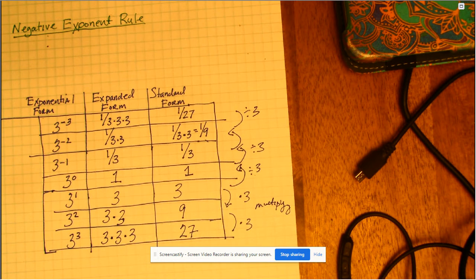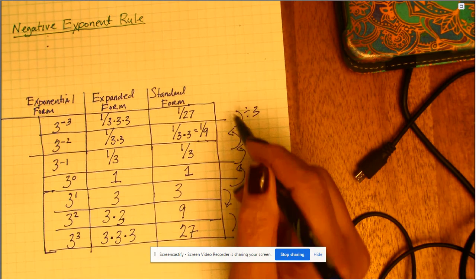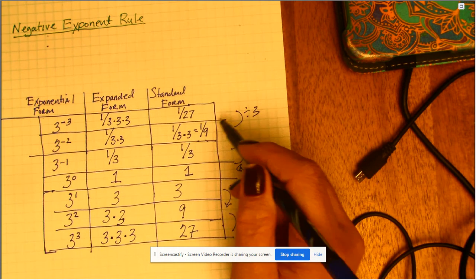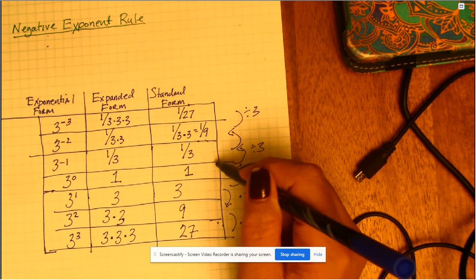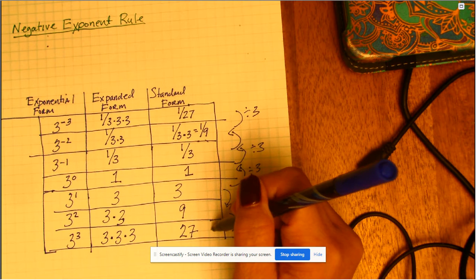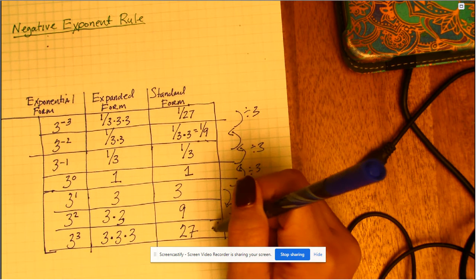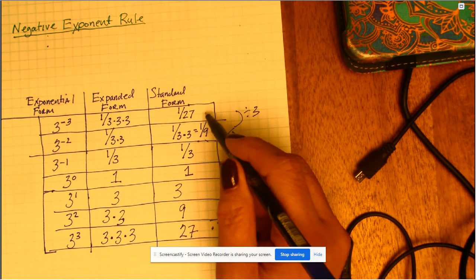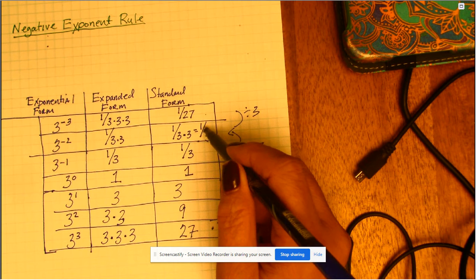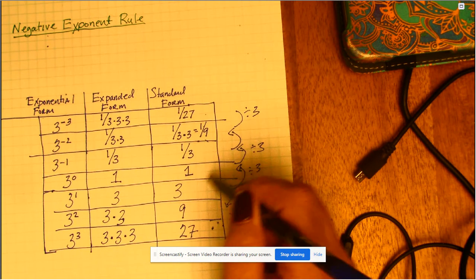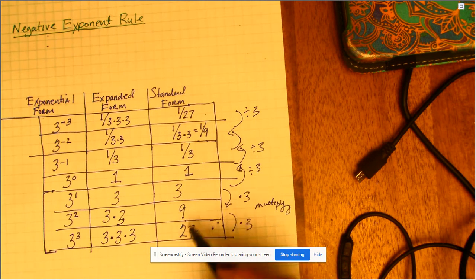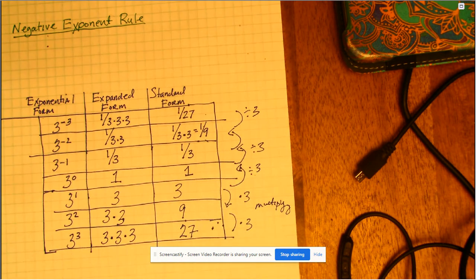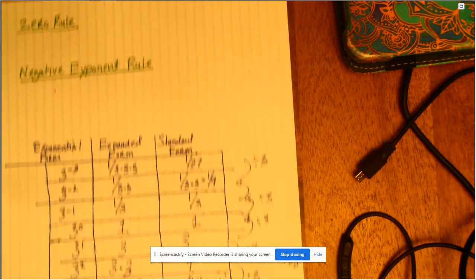The other thing we should notice is that these numbers are multiplicative inverses to each other. So the opposite or inverse of 27, what I like to call the refliprical, is 1 over 27. The opposite or refliprical of 1/9 is 9 over 1, right? And even though this says 9, we should know any whole number can be put over 1 to make a fraction. So what does that mean in the context of the 0 rule and the negative exponent rule?